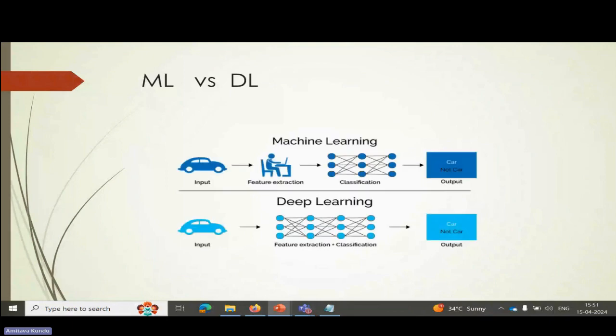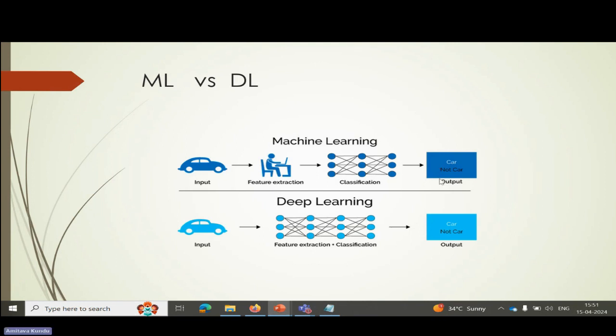Let's understand more. Just see this diagram, how we can differentiate ML and deep learning. You have some data, you extract the features, then you find the pattern from the data and build a model, and this model is going to predict if it is a car or bike.